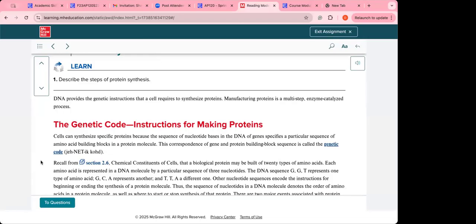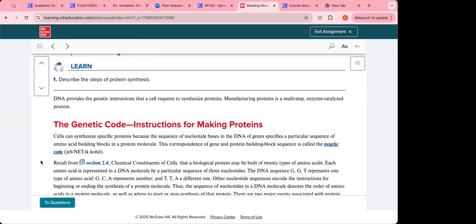Recall from section 2.6 that a biological protein may be built of 20 types of amino acids. Each amino acid is represented in a DNA molecule by a particular sequence of 3 nucleotides. The DNA sequence GGT represents one type of amino acid, GCA represents another, and TTA is a different one.